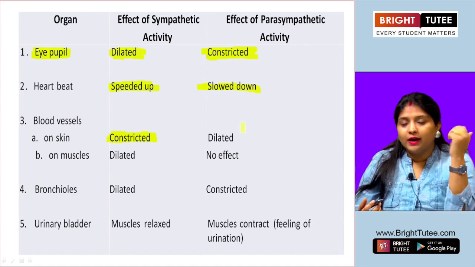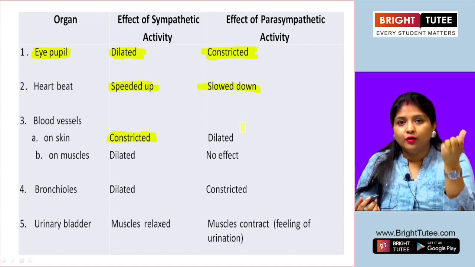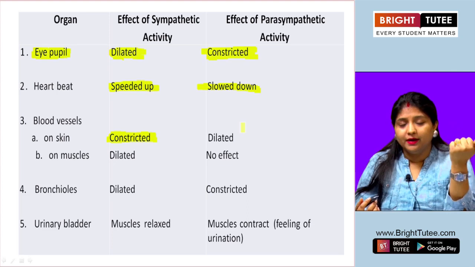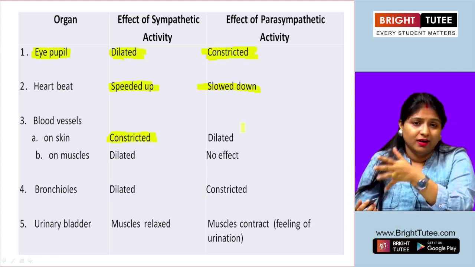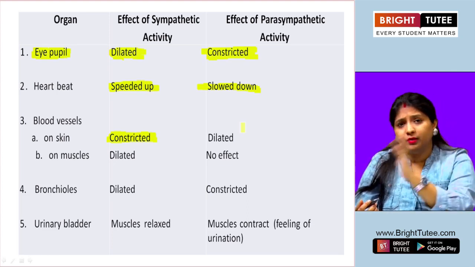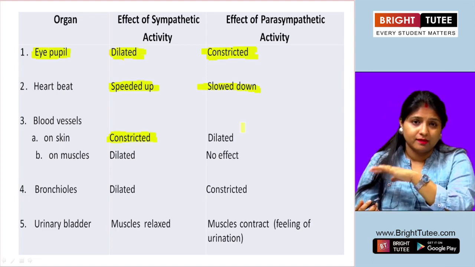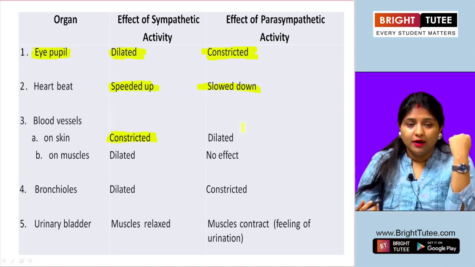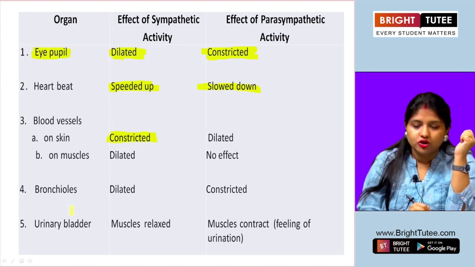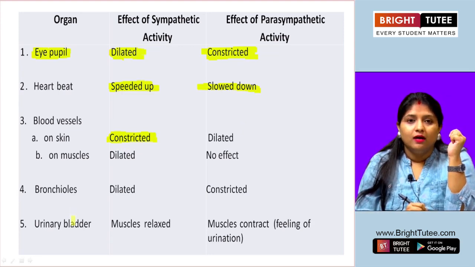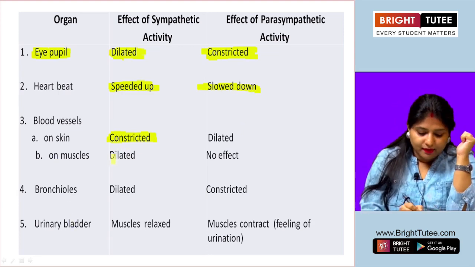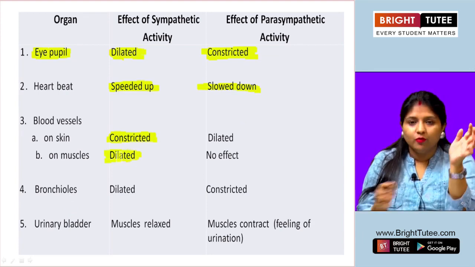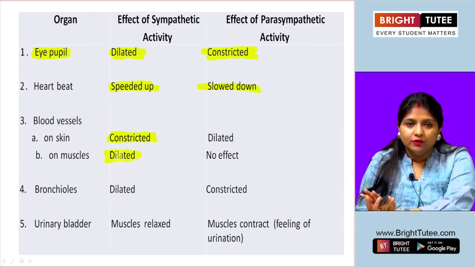Suppose there is a dog and you need to run away from it, so more and more blood is needed in your muscles, right? So a person looks pale in these situations because of the constriction of the blood vessels on your skin. In the muscles, they get dilated so that more and more blood can reach there.